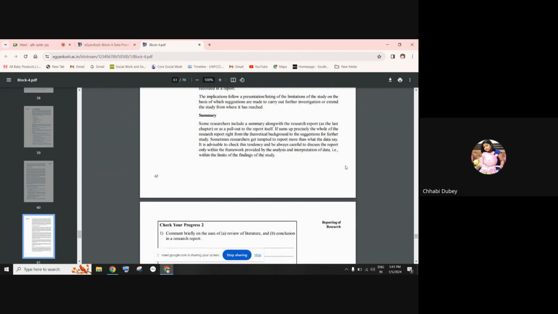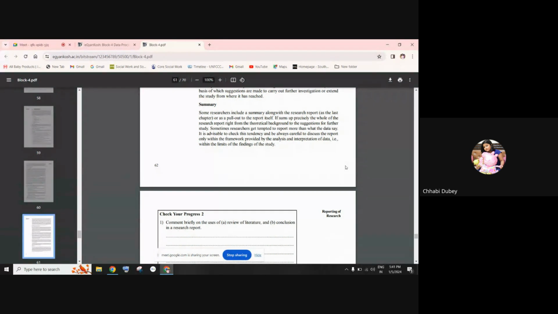This is how the various parts of the research report can be written. And the last part, as we have discussed, is a summary, which is just a brief summary of the whole research.